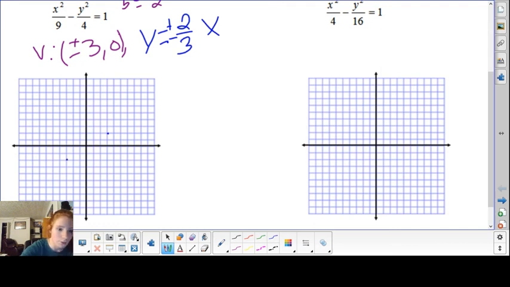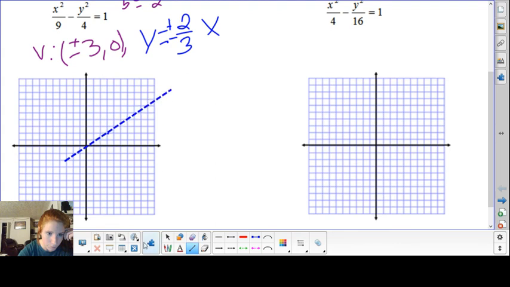I have a really hard time drawing straight lines on my computer, so I'm going to do these this way. We're going to go through those 2 points. So that's one of my asymptote lines. All I did was connect my 2 points.